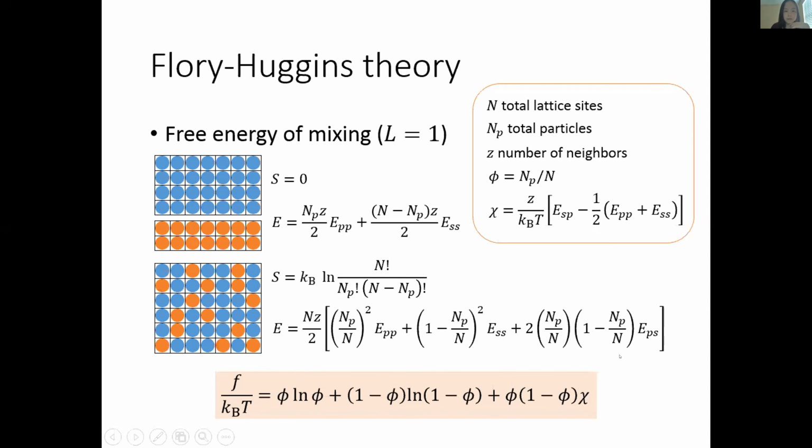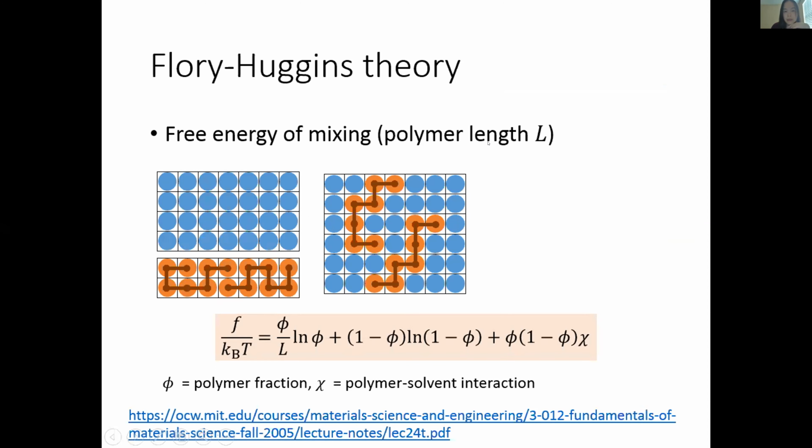Okay, so what if we have a polymer which has a length that is not 1? It turns out that if the polymer length is not 1, all the change we have to make is just to insert L, the length of the polymer, into the denominator of this expression.